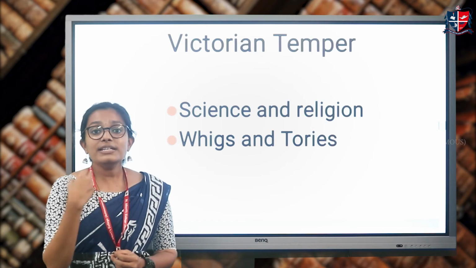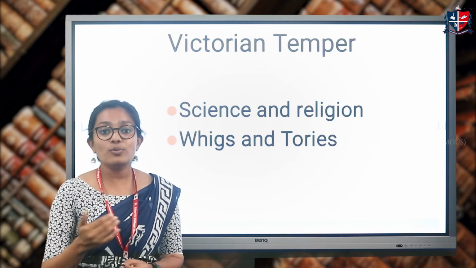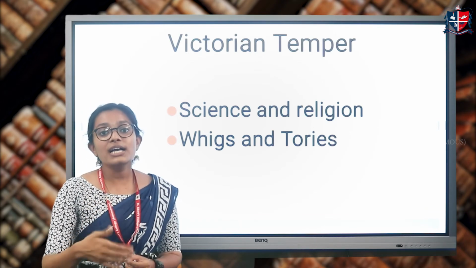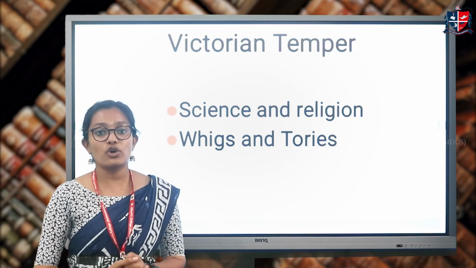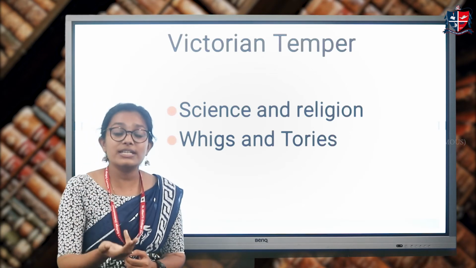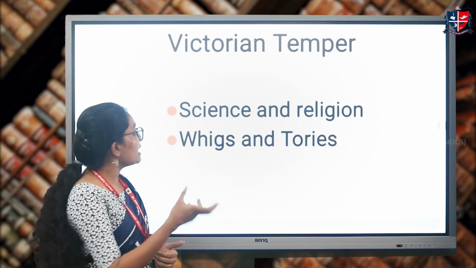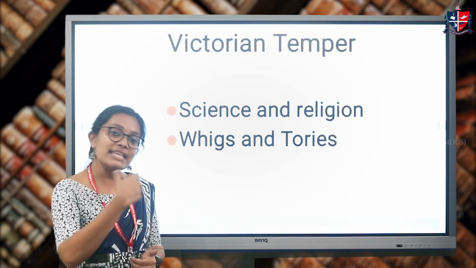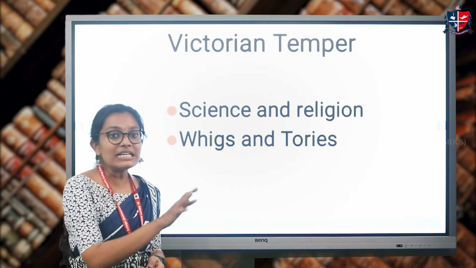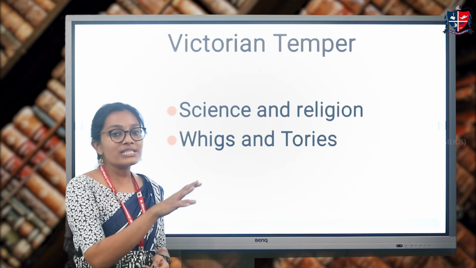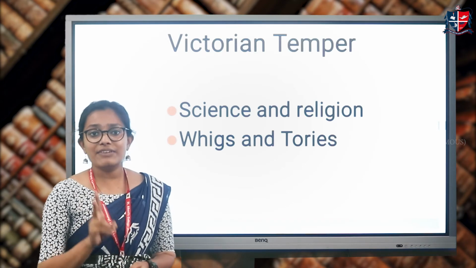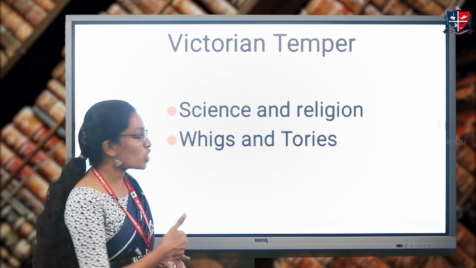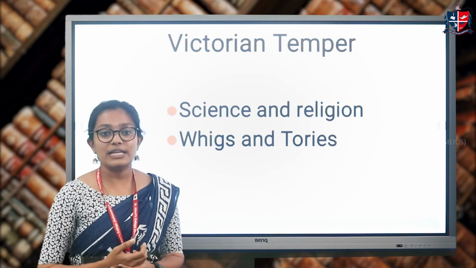So when Darwin said that every human evolved from microorganisms, people started to question their own religion. There were some people who supported science, as well as people who still remained to believe in those religious things. And at that time, there were two political parties, Whigs and Tories, that is conservatives and liberals.